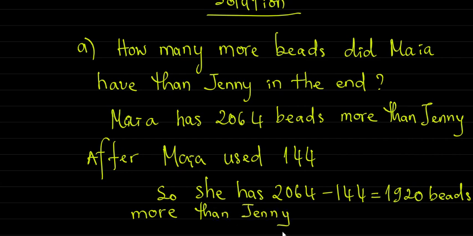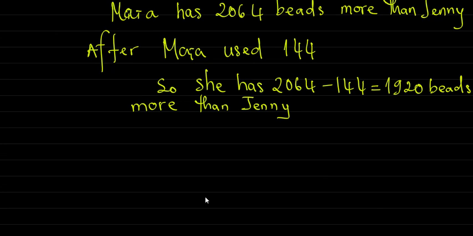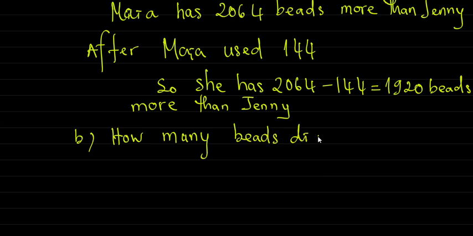So it's about the amount that Mia had more than Jenny. We don't talk about the amount of Mia in question A. So about B, they ask you how many beads Mia had at first.